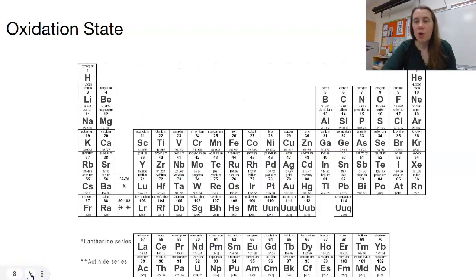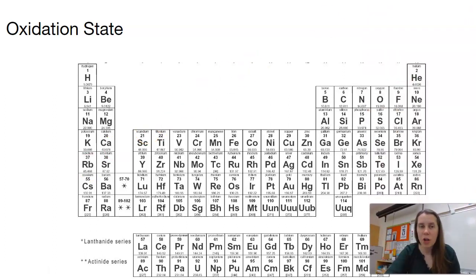Now, if we go back to the pattern we were looking at when we did valence electrons, we saw that on the periodic table it was 1, 2, 3, 4, 5, 6, 7, and 8, with the exception of helium. We can use that information to recognize a similar pattern for charge.